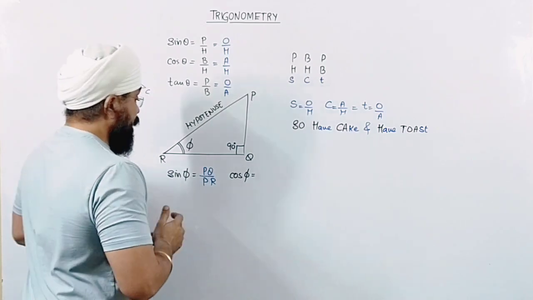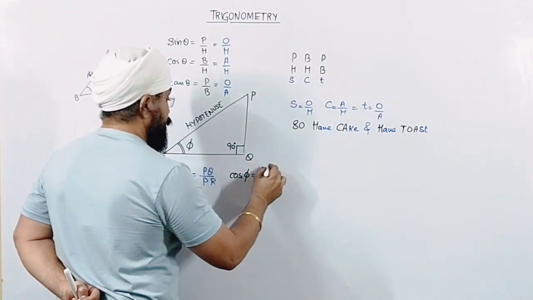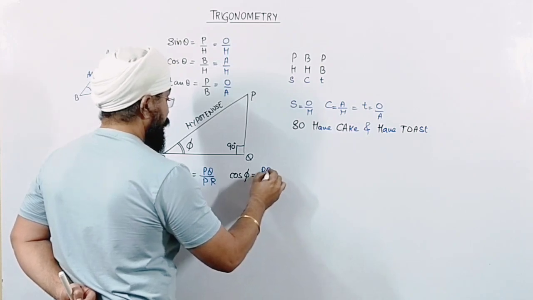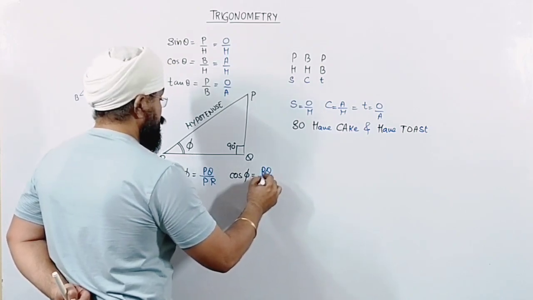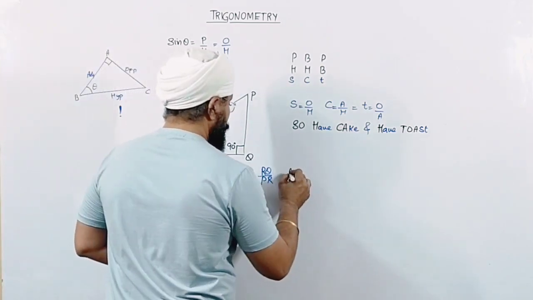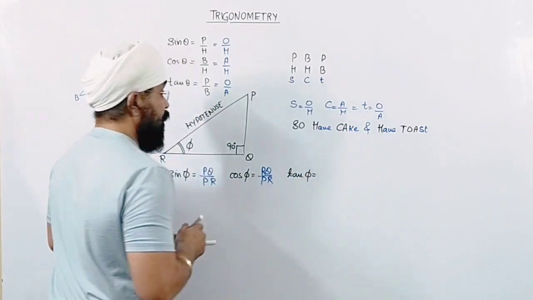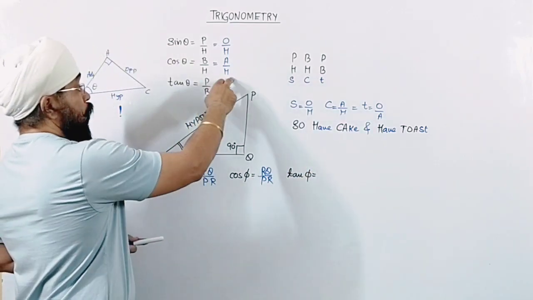Clear? So in that case, cos phi is adjacent, which means RQ upon hypotenuse PR. In the same way, if I ask you about tan phi, then your answer will be what? Tan is opposite.